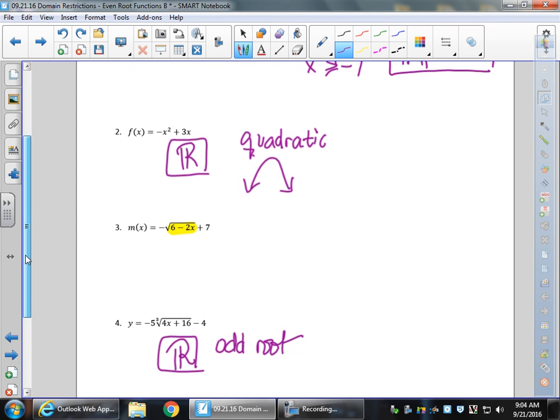Let's try one more here in the practice. What inequality am I going to set up for number 3? Jalen? Great job. Go for it. Yeah. Good job.